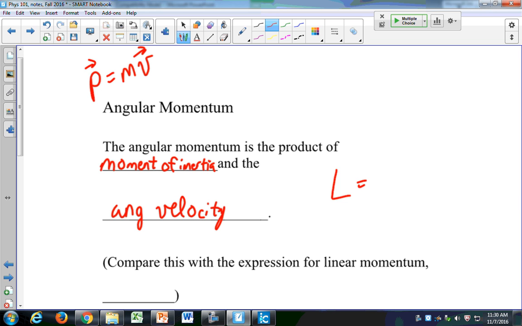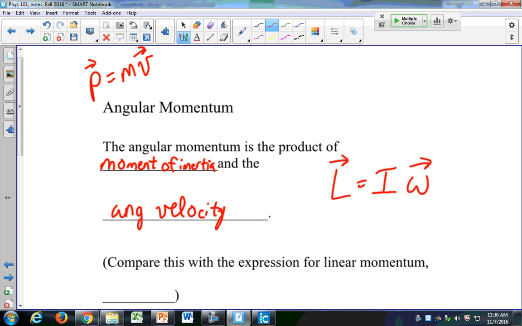I don't know what it stands for. We just use L. And it's equal to I times omega. These are vector quantities. L and omega are vector quantities. Though largely we're not really going to deal with a vector, except we'll need to make sure that we get our positives and negatives correct. Is it clockwise or counterclockwise? That's sort of dealing with it as a vector.